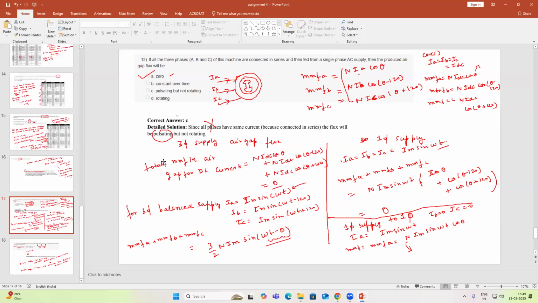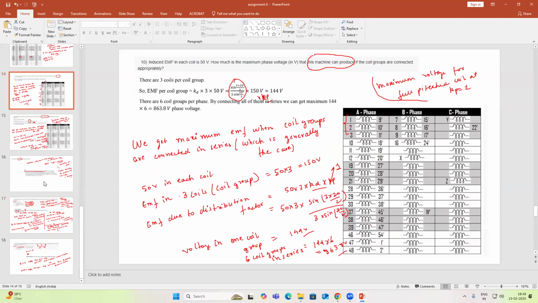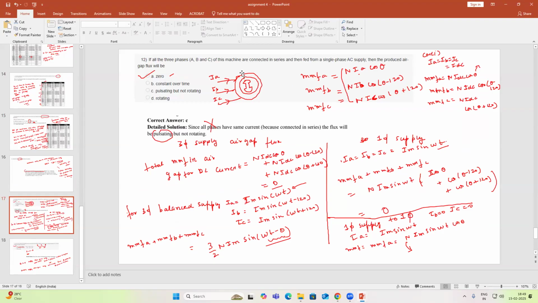Those who understand this, for them these things are a piece of cake. If you want an understanding of the working of machines, then you can see PC Krause. Bhimra is for basic things at BTech level, and PC Krause is a little bit at postgraduate MTech level.